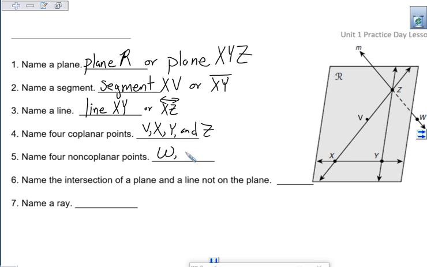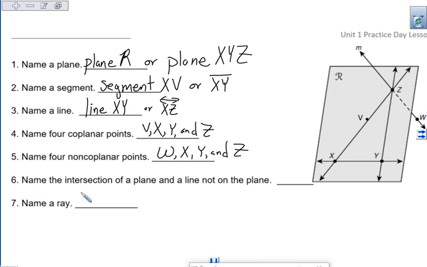W. And then choose 3 other points in this figure. So X, Y, and Z. Again, can't use M or R because M names the line, it's lowercase. R names the plane, it's capital and cursive.